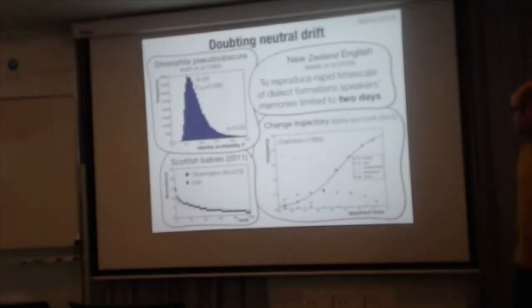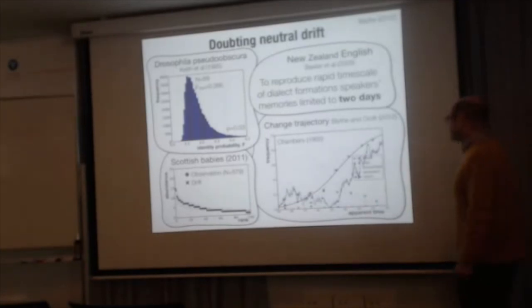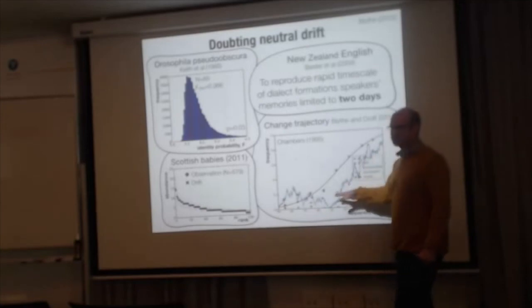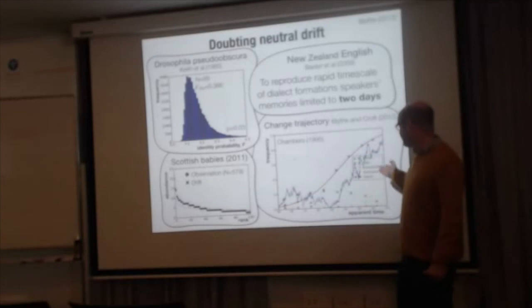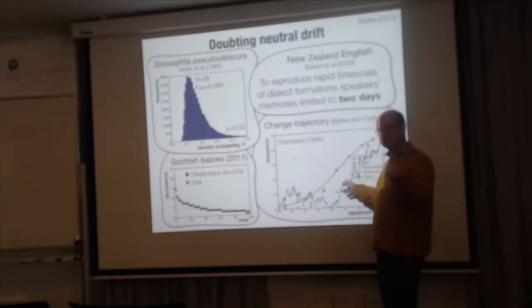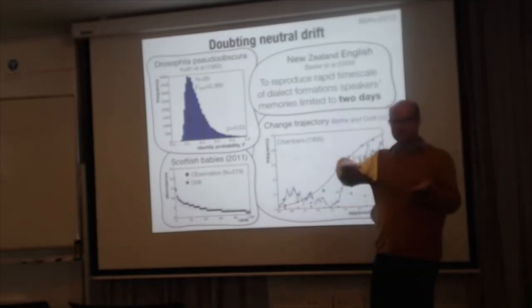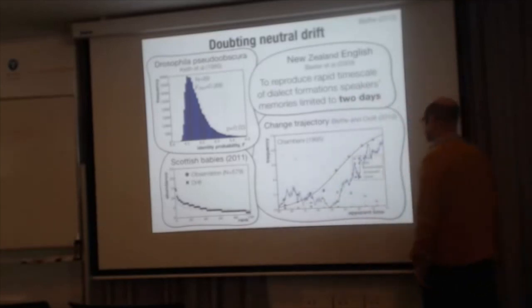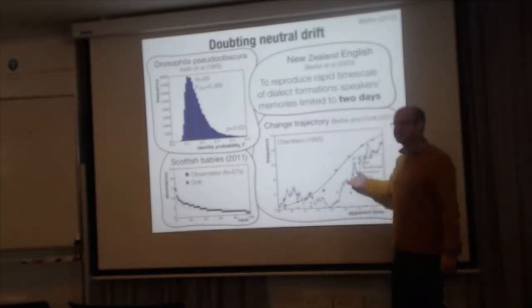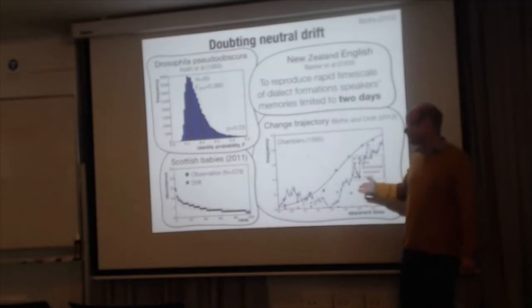If you run drift, this is what you see: a massive amount of noise. Even if you just condition on the ones which happen to look a bit S-like, these things fluctuate wildly all over the place. Now, it may be that linguistically we don't have the time resolution to see those fluctuations, but it is remarkable that in all of these studies you see a really smooth, orderly change from one form to the other, sometimes over many centuries, and this kind of simple random process gives you something that has a lot more fluctuations on it.